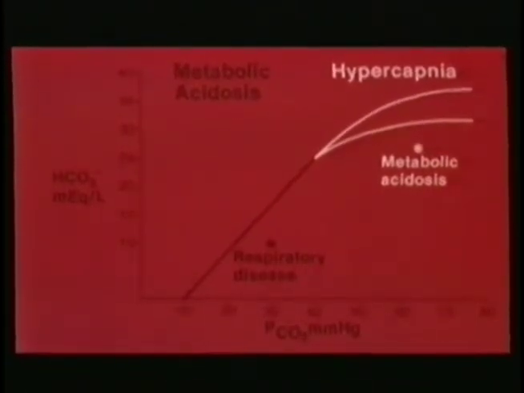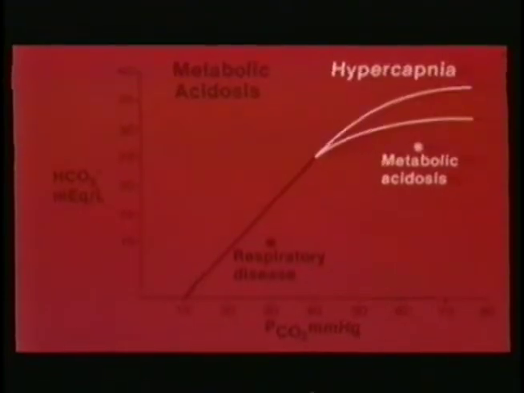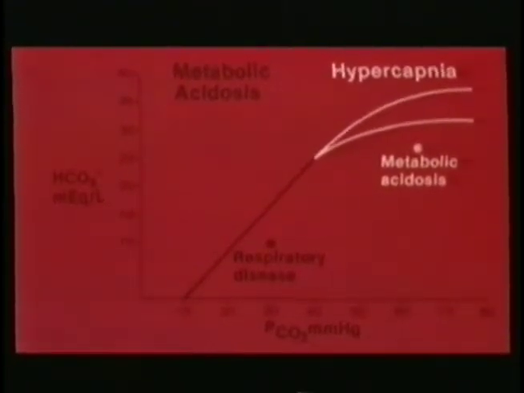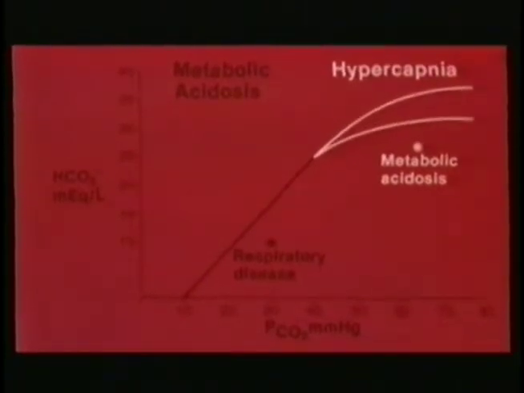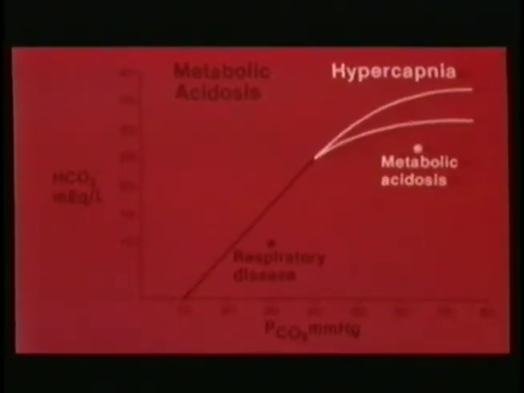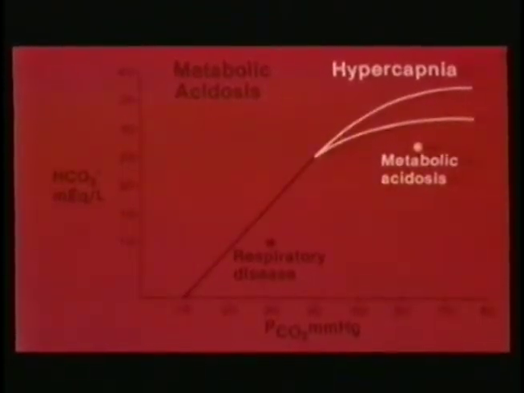Respiratory insufficiency results in hypercapnia, which leads to an increase in plasma bicarbonate. When metabolic acidosis is superimposed on the respiratory disturbance, the plasma concentration of bicarbonate remains lower than expected for a patient with respiratory insufficiency.